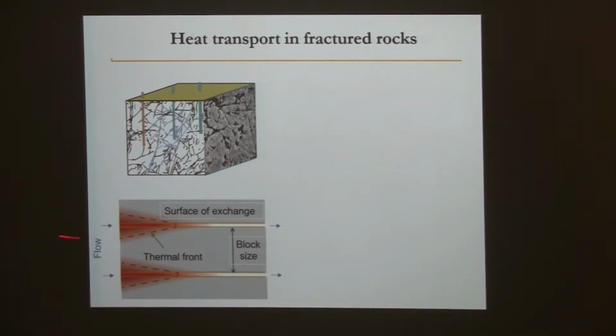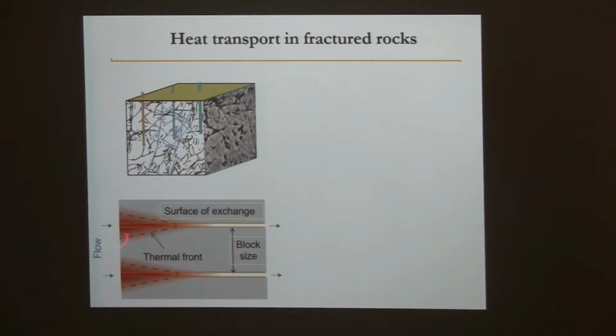And in that case, especially if the permeability of the rock matrix is low, what you expect is more advection in the fracture and some conduction into the matrix. And this is something that we have to look at.